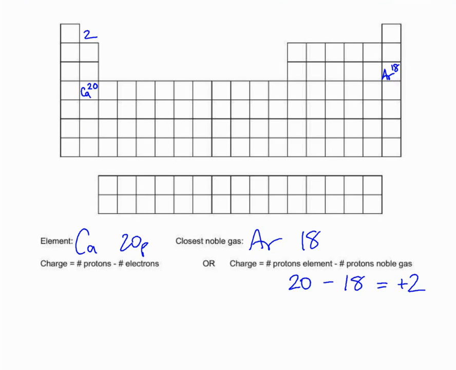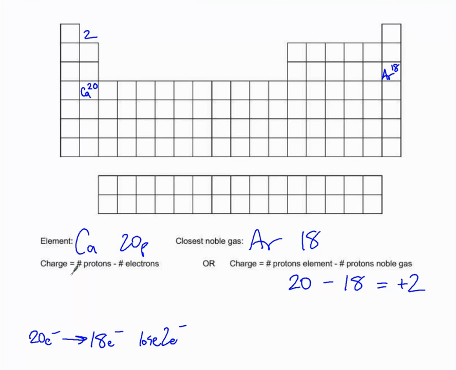So what's happening here is we have calcium with 20 electrons. This is when it's neutral. When it becomes an ion, it lost 2 electrons, and now it has 18. So we lost 2 electrons, and that's how we end up with our charge of positive 2.